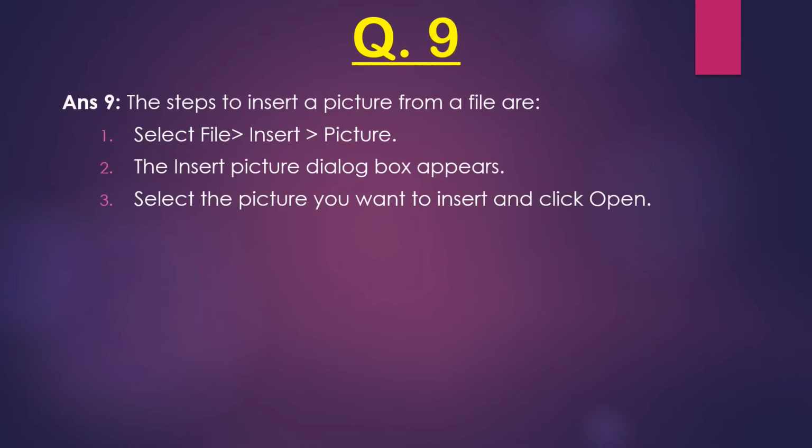In the next question, we have to write the steps to insert a picture from a file. So in such type of questions, when you are directly asked to write the steps, then of course steps are written as 1, 2, 3 in this form, means in ordered list form, and not in bullet form.